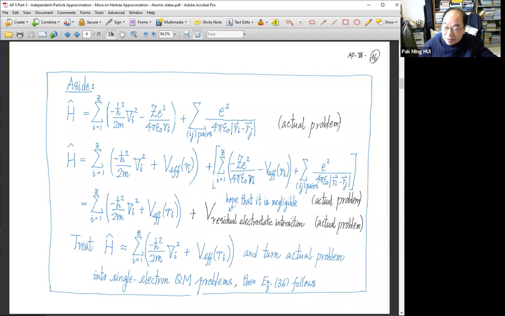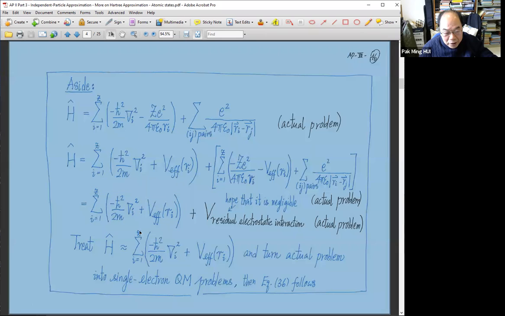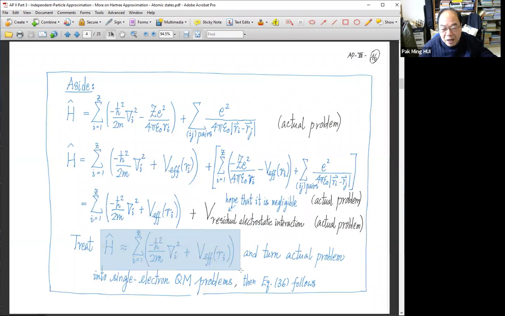But at least in our mind, we hope this to be negligible. Therefore, we will not worry about this and we focus on the first term. The first term is separable electron by electron, thereby we have single electron problems. So this is what we have done and we are going to do, okay?